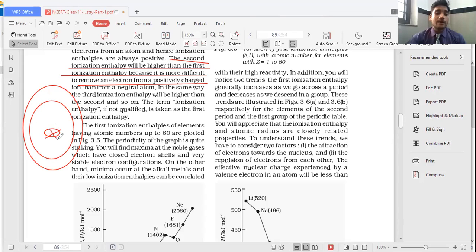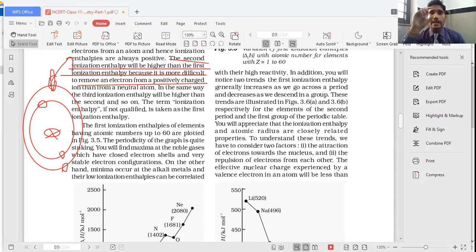The nucleus has some amount of positive charge. Electrons are revolving around. When you remove the first electron, that positive charge was distributing the force of attraction among 4 electrons. Now one electron is removed.